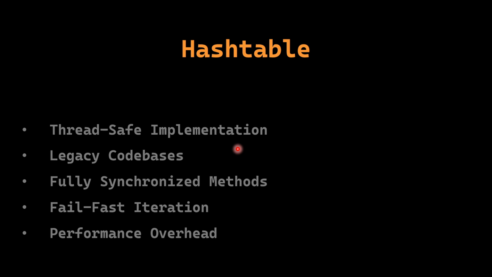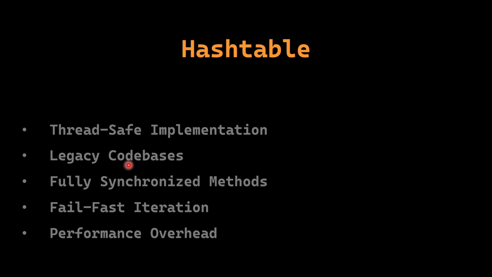While largely superseded by more modern alternatives, Hashtable still appears in legacy code bases where simple thread safety is needed without optimization for performance. It shares the basic hash table structure with HashMap but takes a fundamentally different approach to thread safety that comes with significant cost.